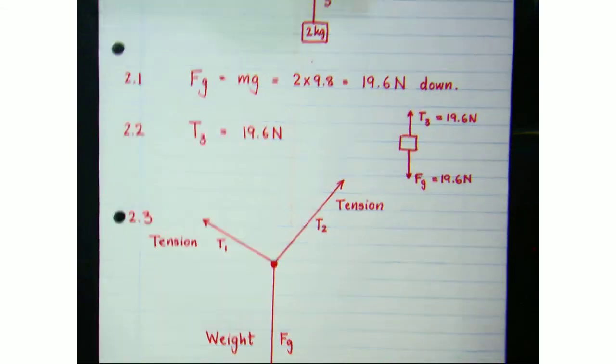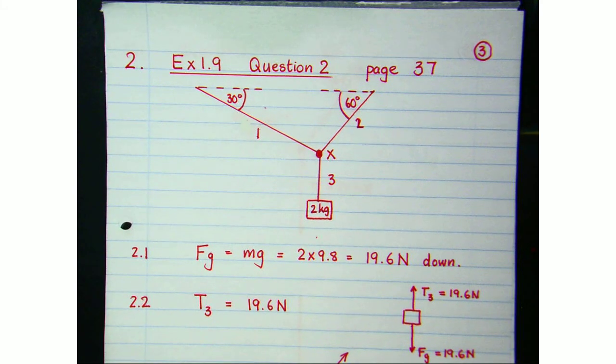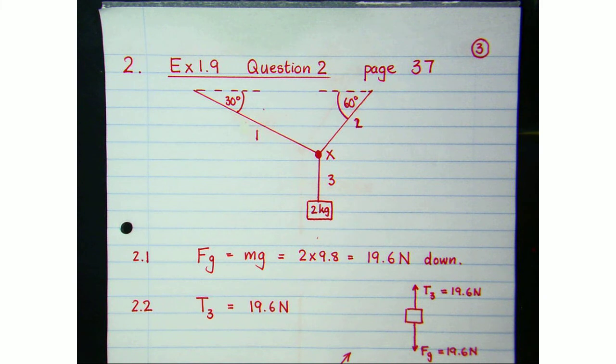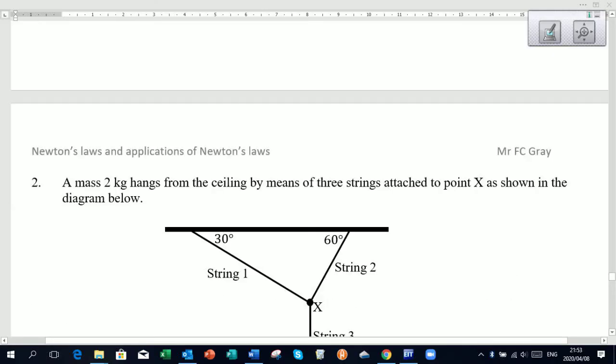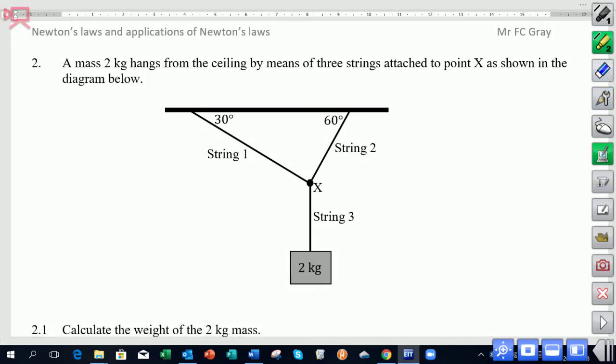In the second question that I'd like to cover with a different method, we're going to look at question 2 on page 37 of our notes. So let's go there. Here it is. We've got a 2 kg mass being hung from a point X. Point X is where all the strings are tied together.